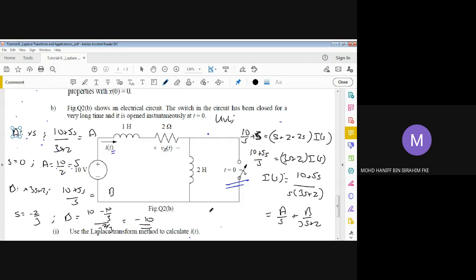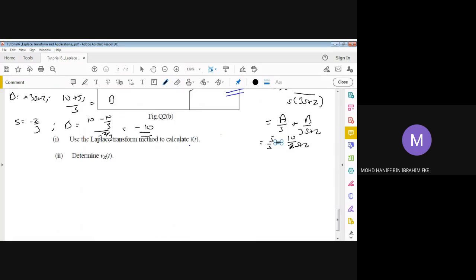Okay, so from here we can write that the value of I(S) will be 5 over S minus 10 over (3S + 2). So that should be your I(S). Then you can do the inverse of Laplace transform.